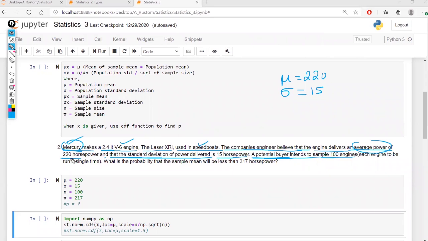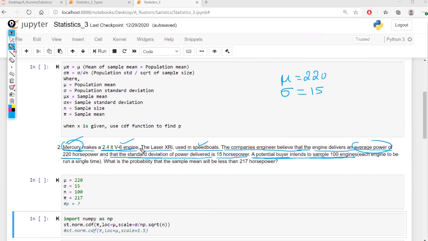It can say it has 240 or 300 horsepower, whatever, but the buyer has to test it, because he is going to invest lakhs and lakhs of rupees to buy these engines, so he cannot simply go with the company's word. Whatever he is claiming, we cannot simply believe that. So he intends to sample 100 engines, he wants to test them.